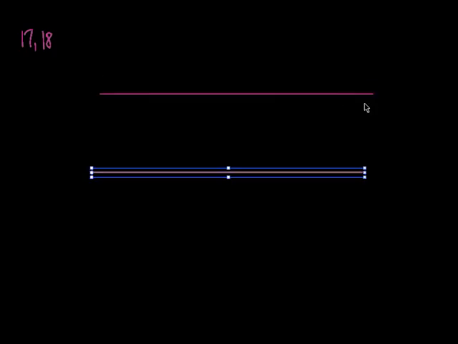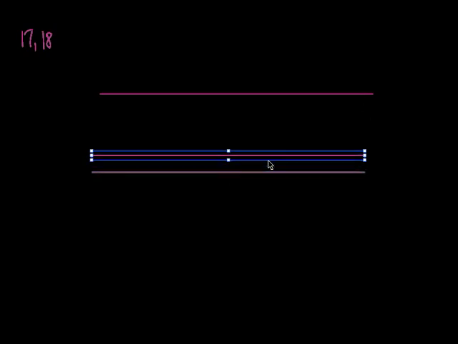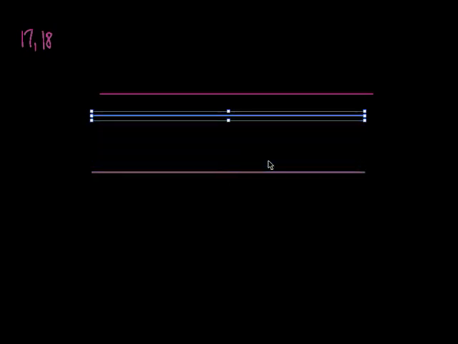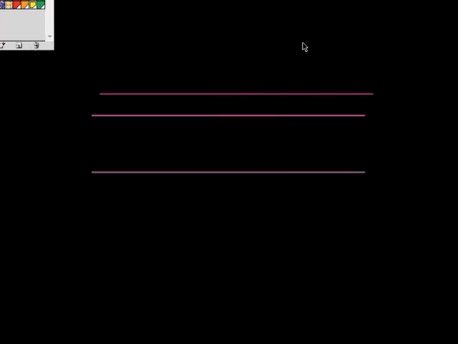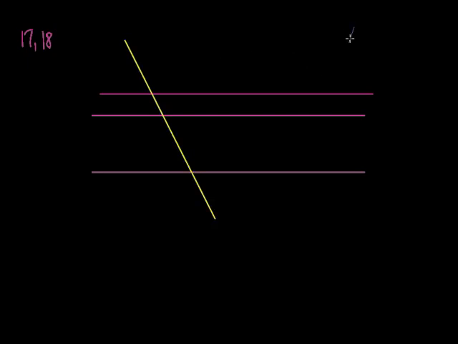Okay. So the next part, 17 and 18, is probably even easier than the triangle part. It's pretty much the same. Parallel lines, like this, and then they have another one that intersects them. Actually, you've got two that intersect like that.